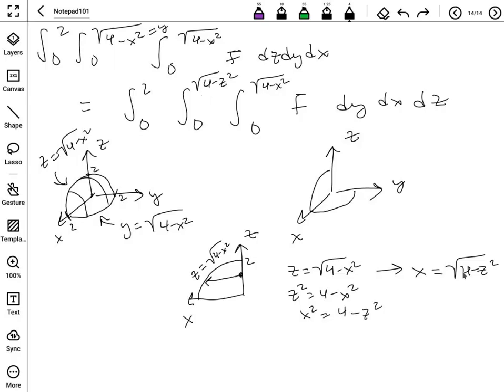In that case, I would get 0 is root 4 minus z squared, or 4 minus z squared is 0, or z is root 4, plus or minus 2. That's where the 2 comes from. I would have to remember that z is bounded below by 0 to know that negative 2 can't possibly go here. So that's why I start from 0 and go up to only the positive 2.